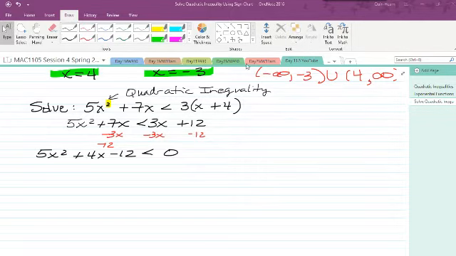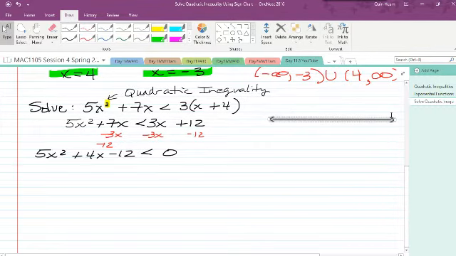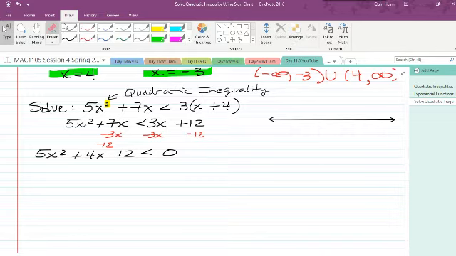All right, so the next thing that we're going to do, just like we did before, our goal is to set up a sign chart, and the sign chart is just a number line, and this number line has to have all the places where the expression on the left equals 0, and then where it's positive and where it's negative. So this is our sign chart.